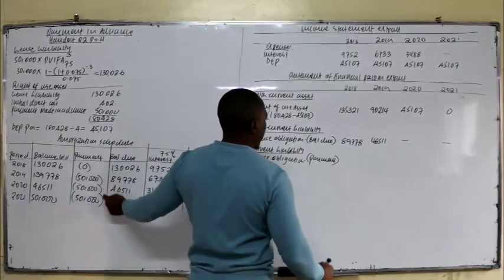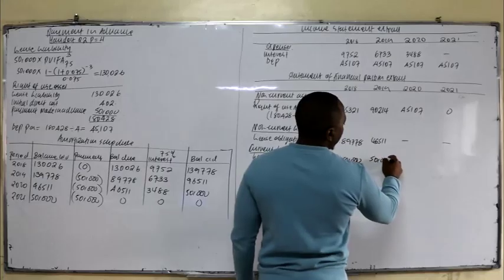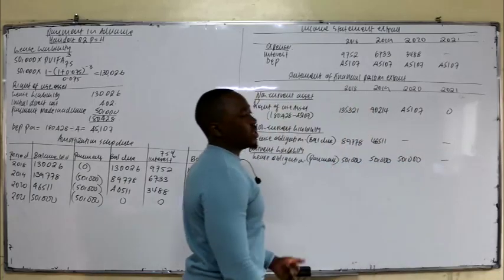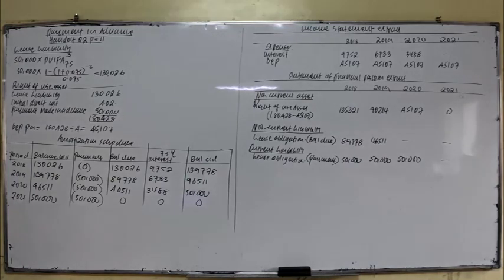So you have 50, 50, 50. So you can copy now. And that marks the end of that topic, IFRS 16.